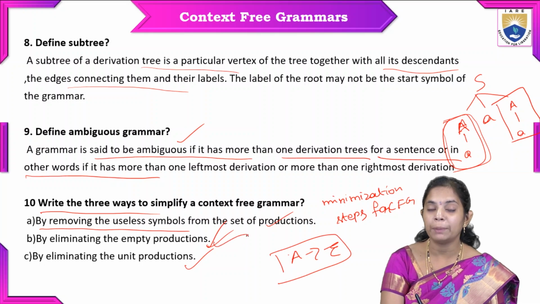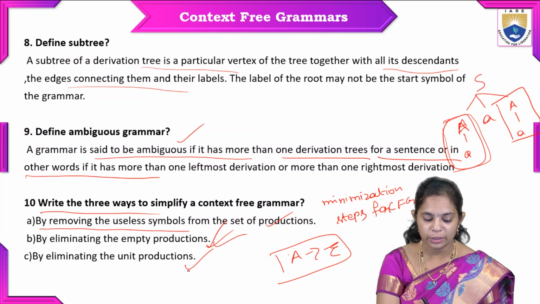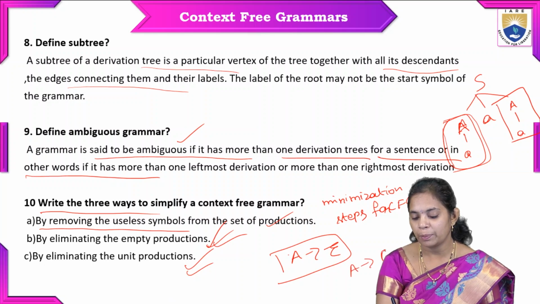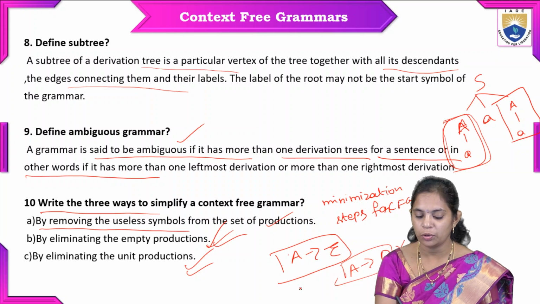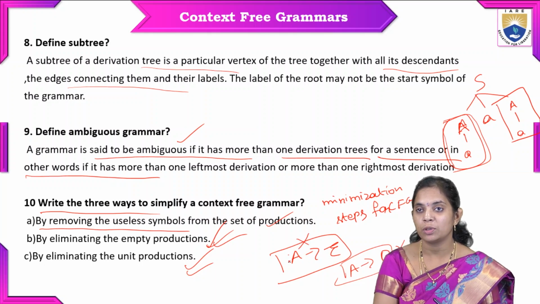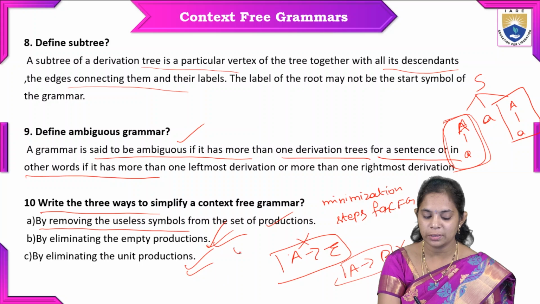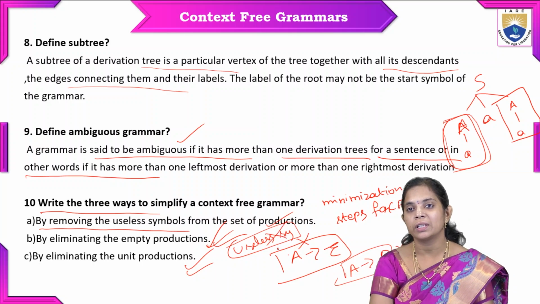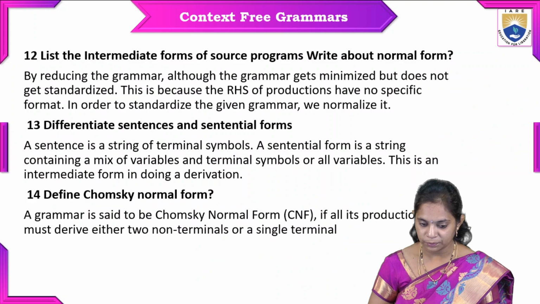That is nothing but epsilon production removal. And the third one is, whenever a production of the type A tends to capital B is there, those are unit productions, and we need to remove them also, along with the epsilon productions and useless symbols. So these are the three steps we need to perform in the minimization of context-free grammars.